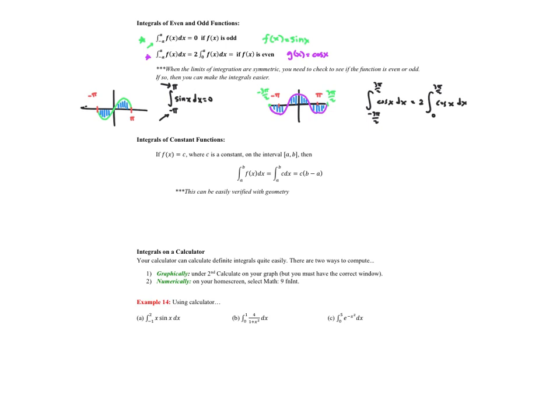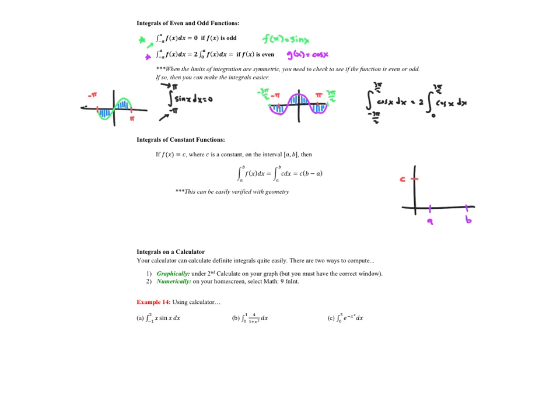Integrals of constant functions. If f of x is equal to c, where c is a constant on this interval, then the integral from a to b of f of x will just be equal to c times b minus a. So check this out visually. Let's say f of x equals c. We had the pi over 2 example earlier. We're integrating from a to b.